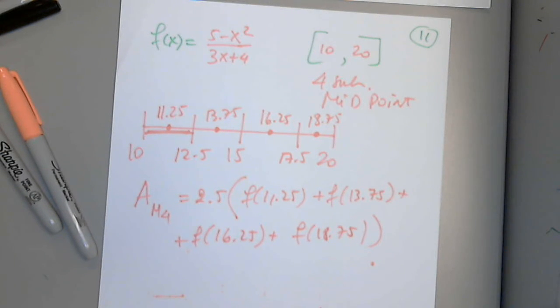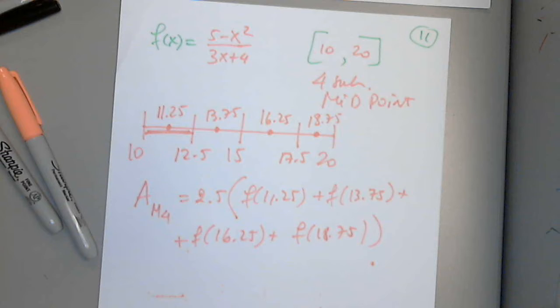So in list L1, as you said, I put in 11.25 and then 13.75 and then 16.25 and the last one 18.75. Now let's highlight at the top list L2.